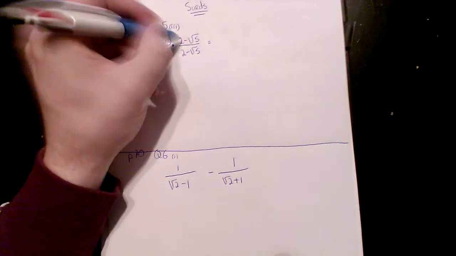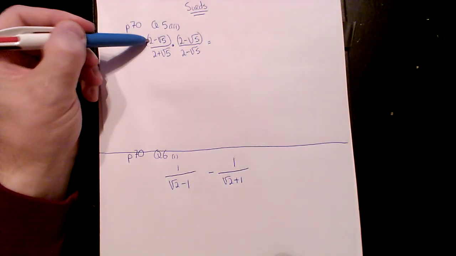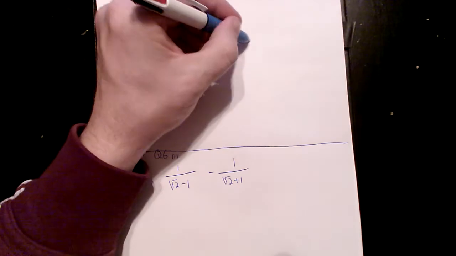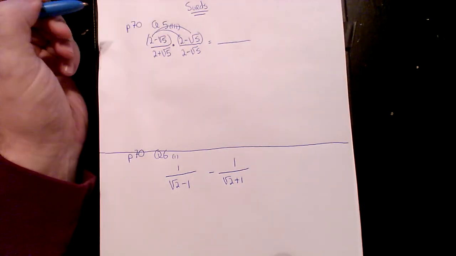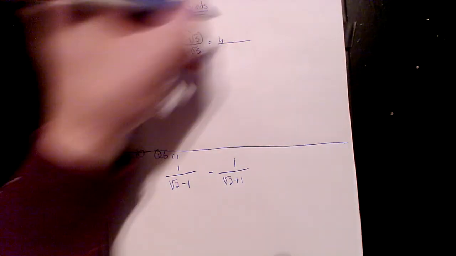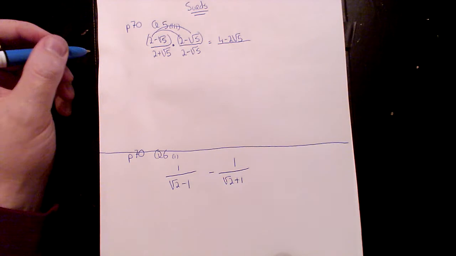So again, Laura, no, you can't just multiply the 2 by the 2 and the root 5 by the root 5. We have to go this by this and then this by this. So 2 by 2, 4. 2 by minus root 5, minus 2 root 5.